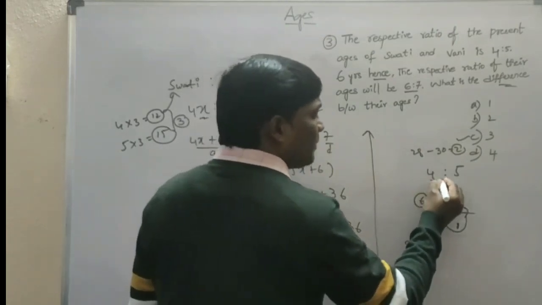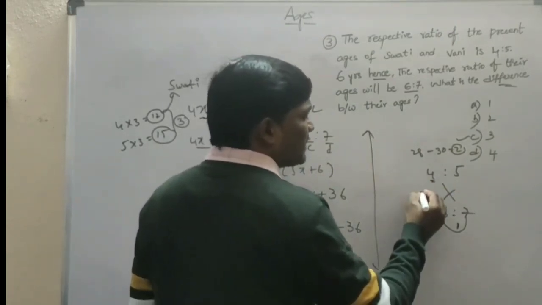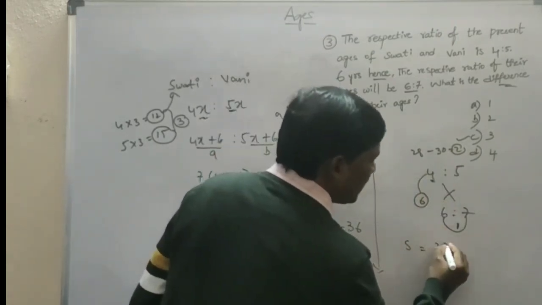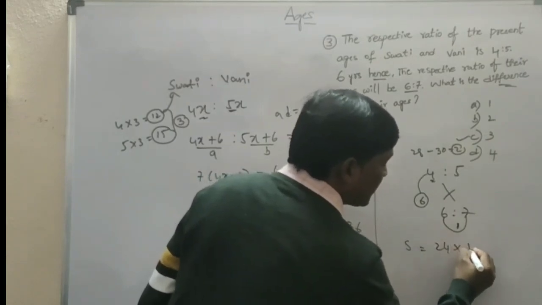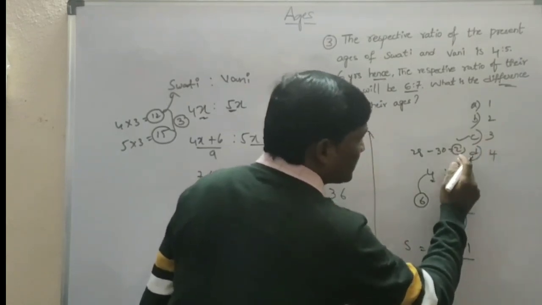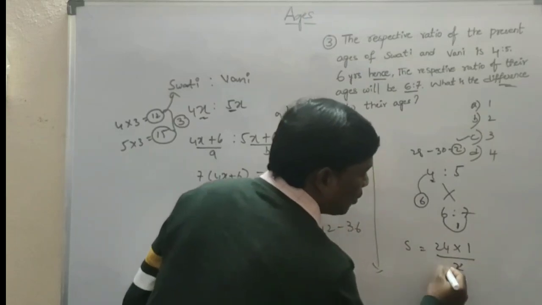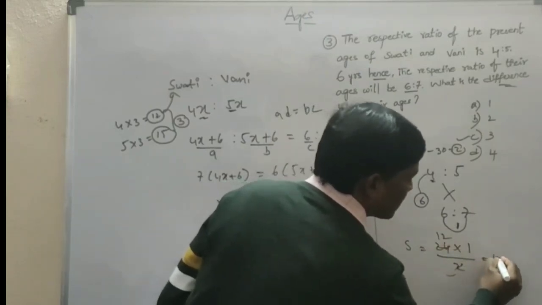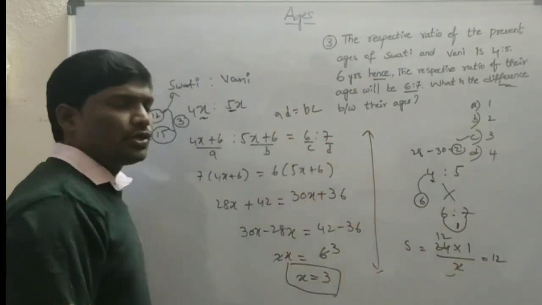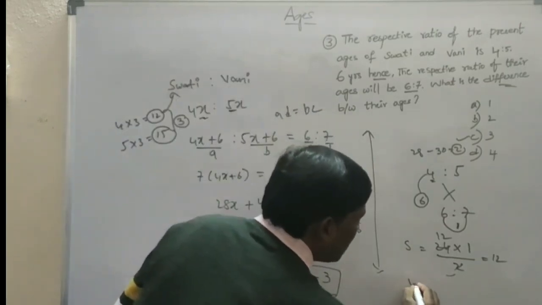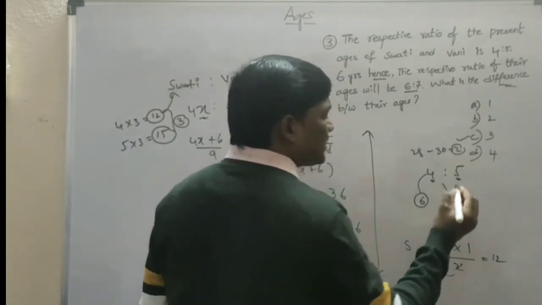So Swati is how many parts? 4 parts. Okay, 6 years hence, 6 4s are 24, into second step difference is 1, by first step difference is how much? 2. Then 2 12s are 24, then is equal to Swati age, how much? 12 years. And Vani age, okay, Vani is how many parts? 5 parts.